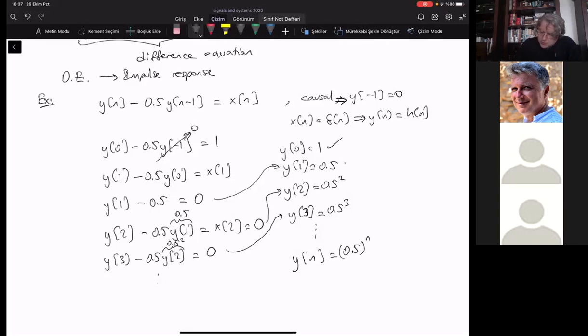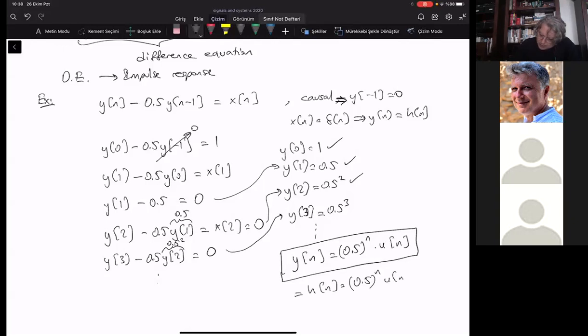0.5 to the 1 is 0.5, 0.5 square is 0.5 square. It goes on like this. But we have to make sure that everything is right-hand side. It's starting from 0, so I'm going to multiply it with u of n, which is h of n is equal to 0.5 to the power n u of n.